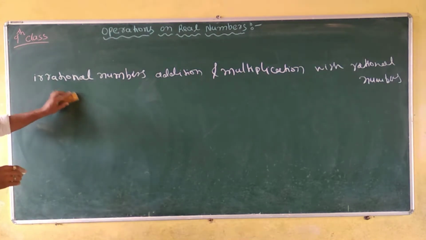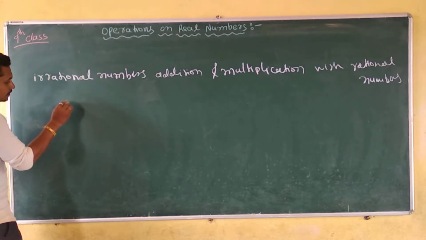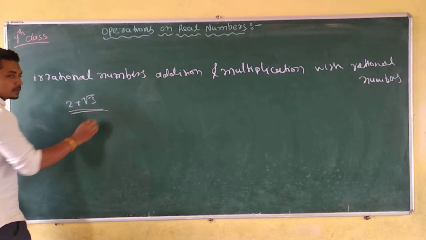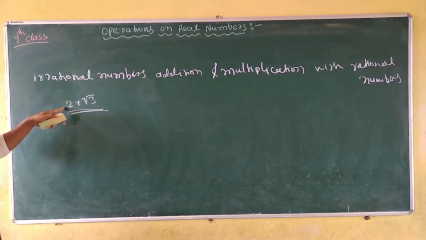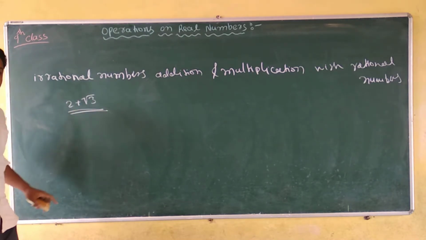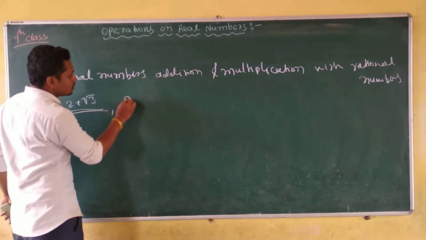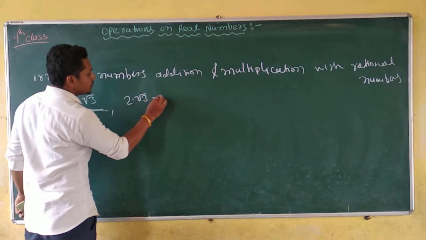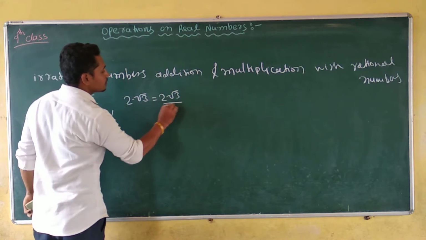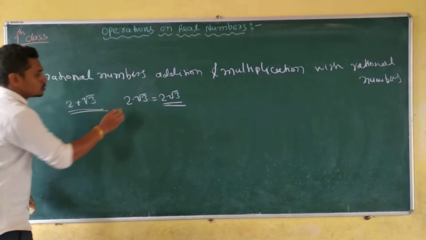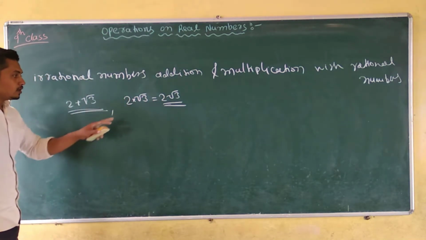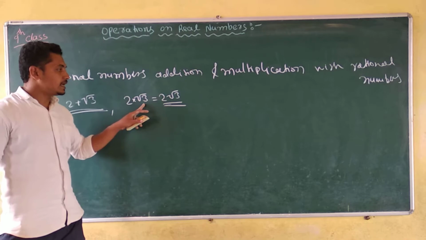This is 2 plus root 3. 2 is a rational number and root 3 is an irrational number. Or 2 into root 3, which gives 2 root 3. Again 2 is a rational number and root 3 is an irrational number.